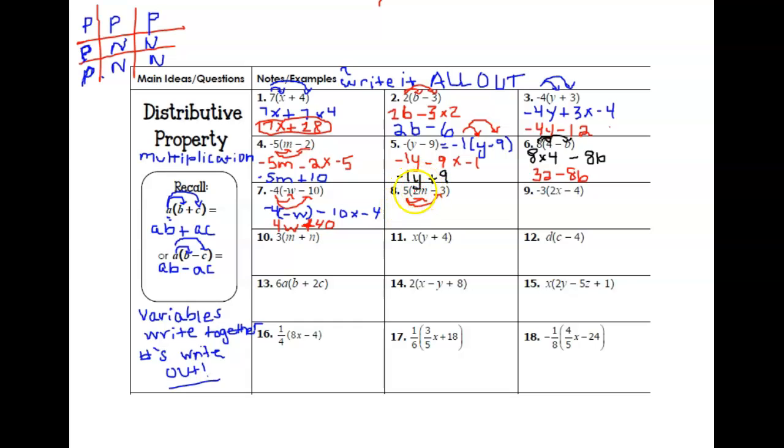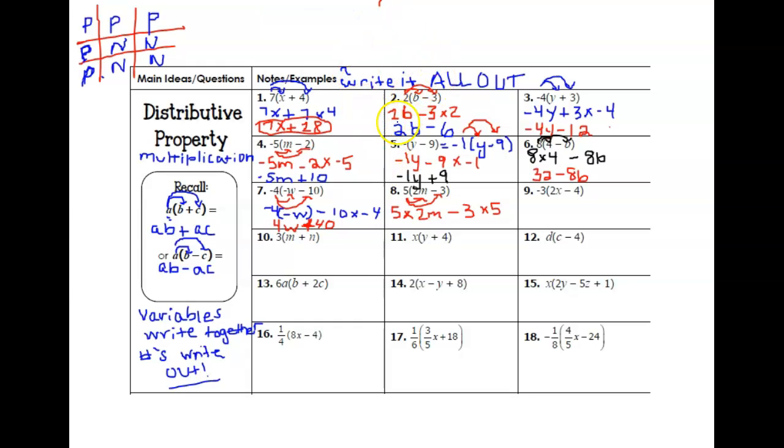Even if that variable's there, we're still going to write it out. So what I want you to do is write this like this. I'm taking 5 times 2 times m, okay? And then I subtract that from 3 times 5. Now I'll simplify it.